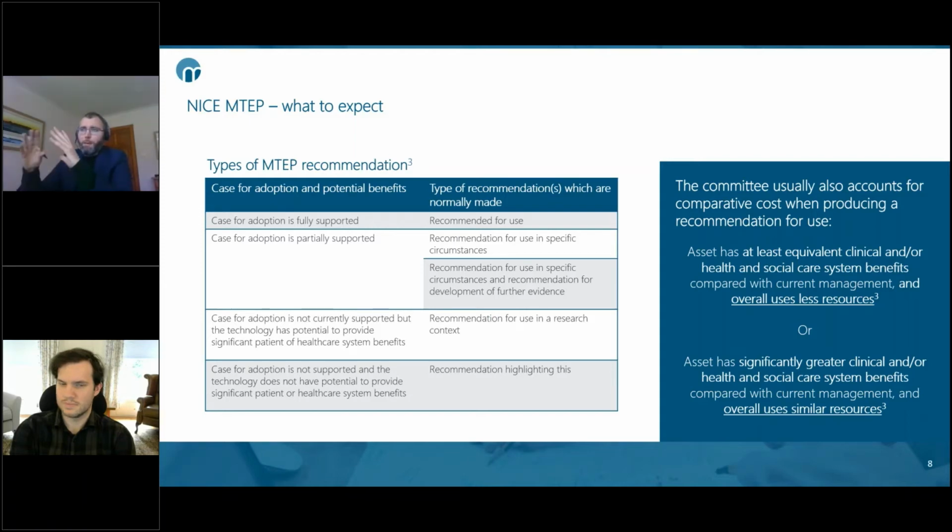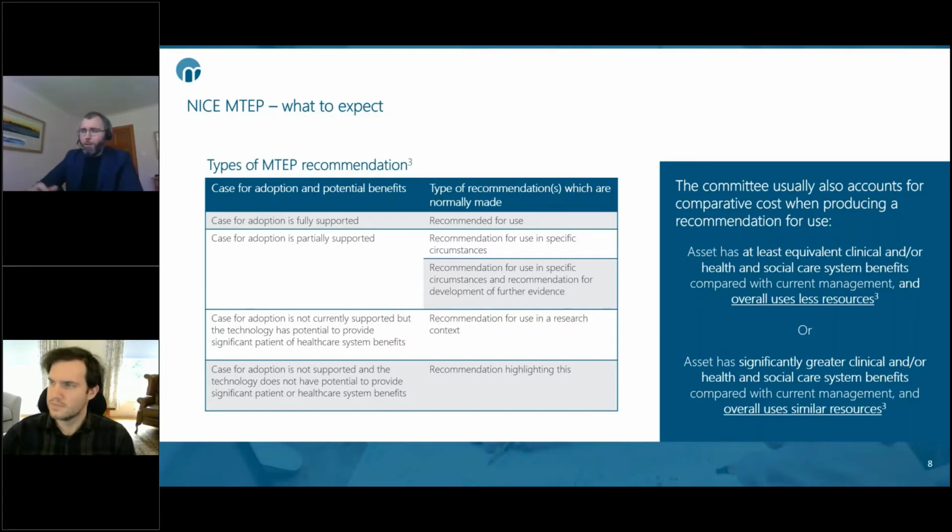There is also the case for partial support, where we're looking at recommendation for use in specific circumstances, or more of a contingent recommendation, where it's for use in specific circumstances, or where further evidence might be required to unlock further specific circumstances.